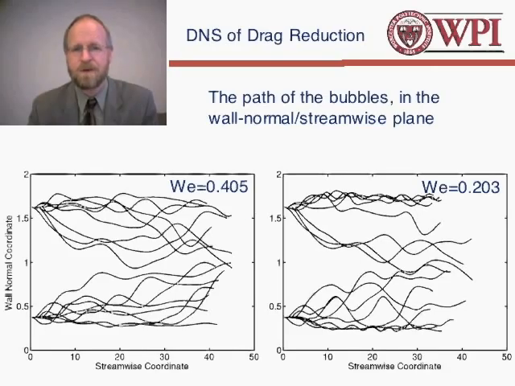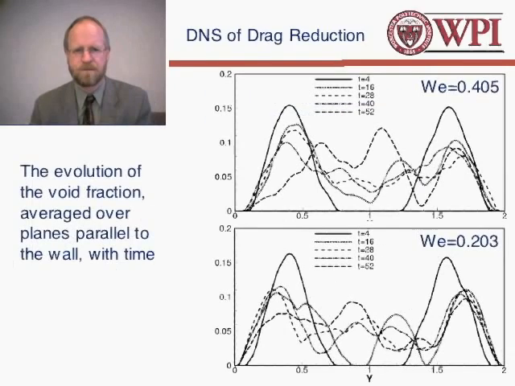For the less deformable bubbles, we see again, as we saw in the previous slide, that the bubbles tend to stick to the wall much longer than they do for the more deformable ones, even though there are obviously some bubbles that make it into the interior of the domain. And this again is another way of looking at the dispersion of the bubbles. Here we have plotted the void fraction averaged over planes parallel to the wall at several different times.